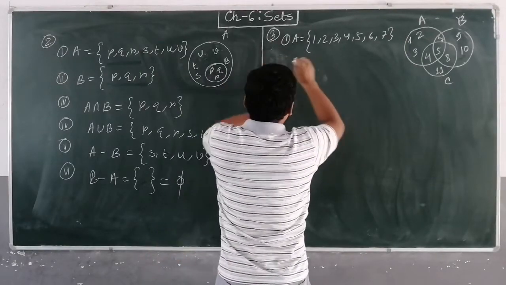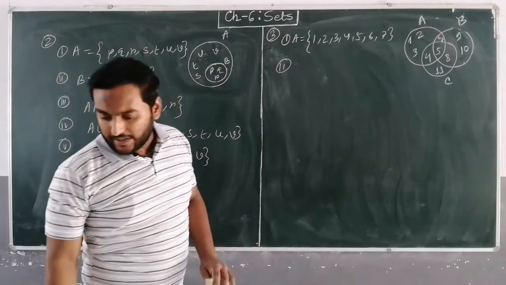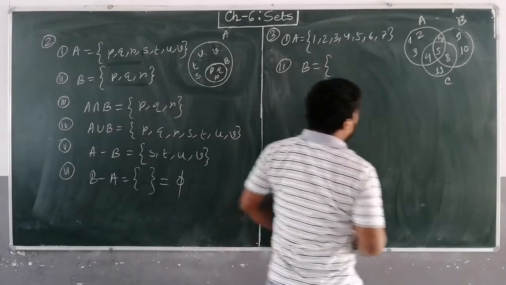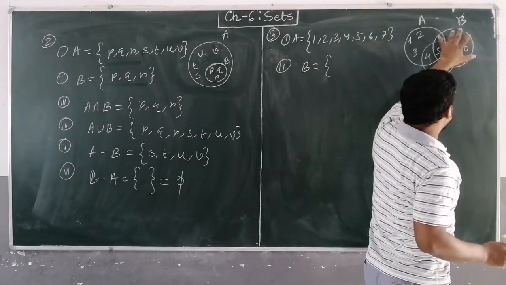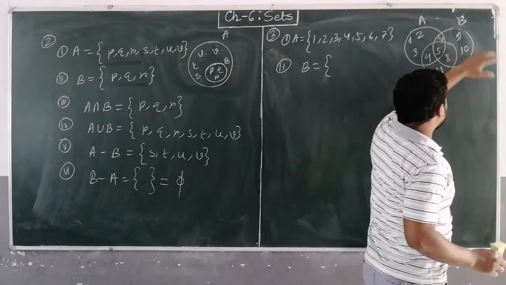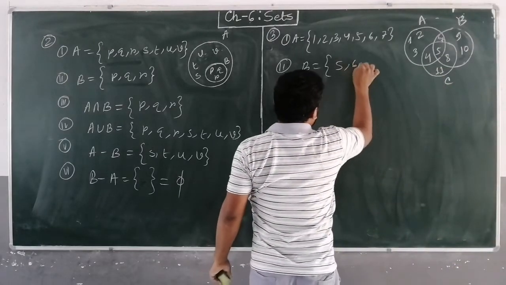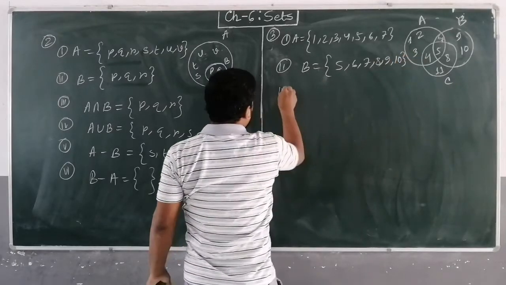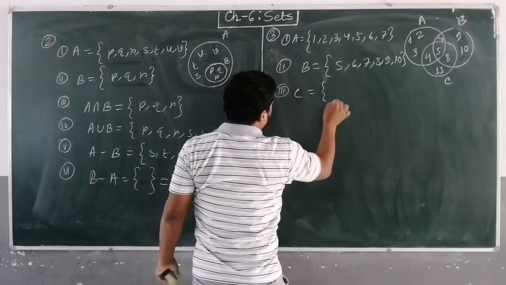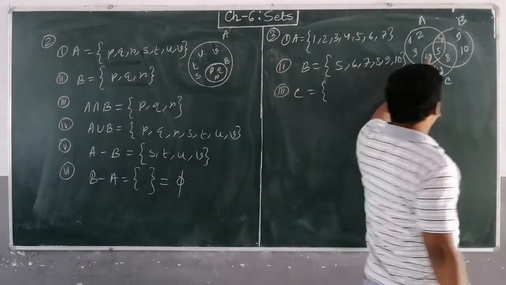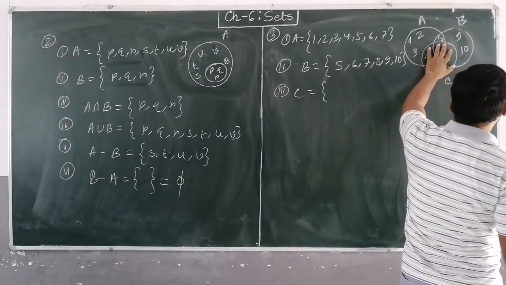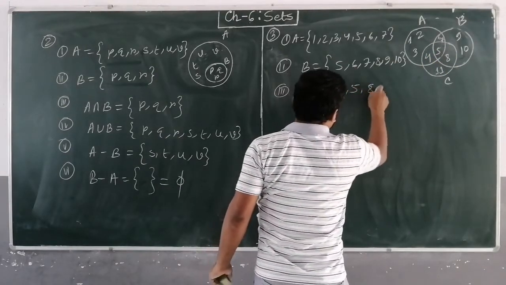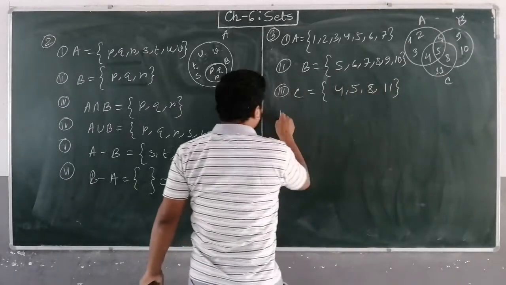Second part, it is given set B. Inside the circle B, the elements are 5, 6, 7, 8, 9, 10. And third part, set C. Here 4, 5, 8, 11. This set is 4, 5, 8 and 11.